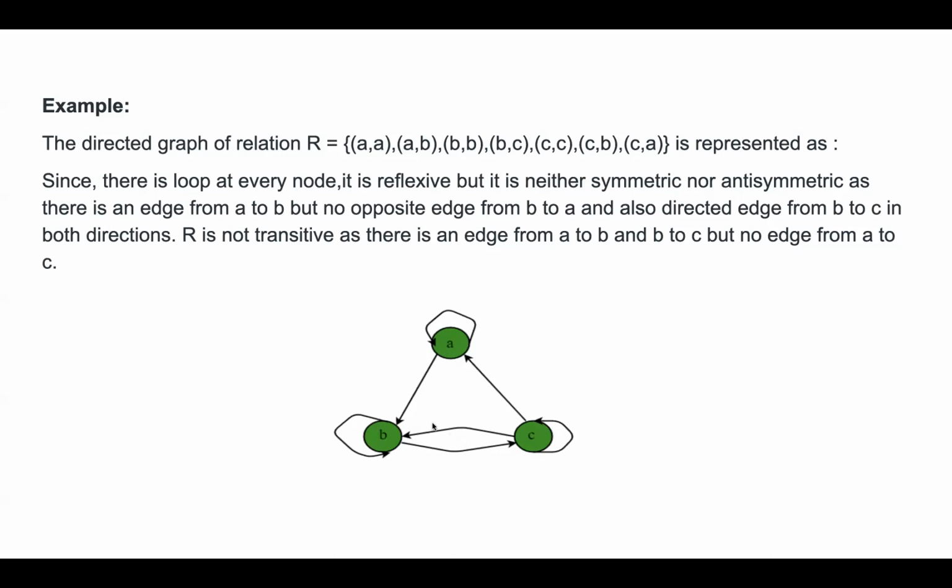R is not transitive. What does transitivity mean again? If there is a relation from A to B, B to C, then an A to C relation should be there, and A to C is not there, so it is not transitive.